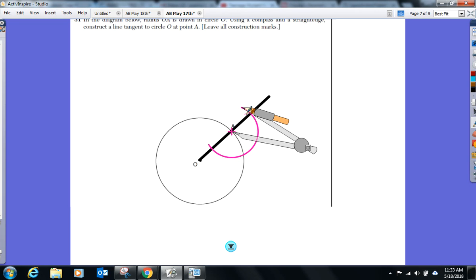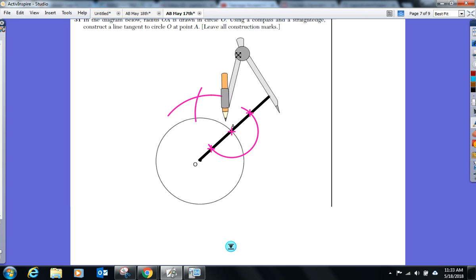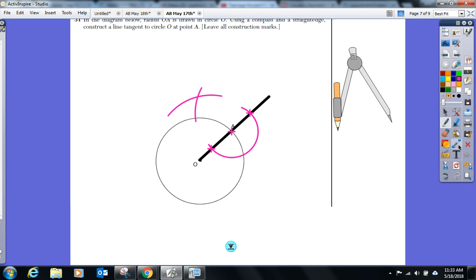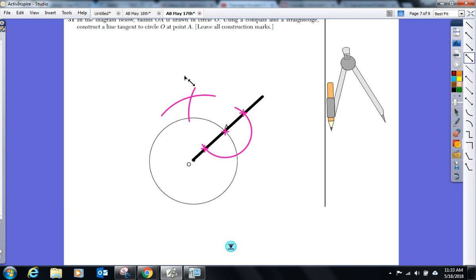And then where should I go with my compass now? To each point. Yep, each point. Make two more arcs that will intersect each other. And then line up your straight edge, and they will take off a point for this. It's a 2-point question.